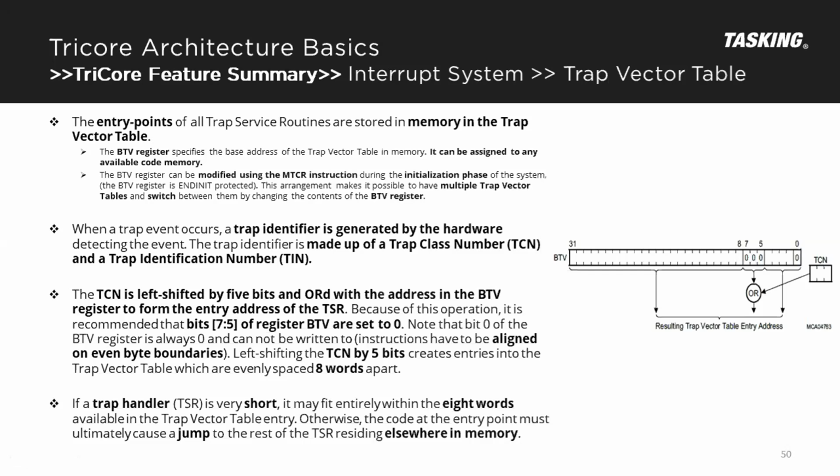It's based on even byte alignment. And again, this BTV you could change. You could have more than one trap vector table if you would like, using the mtcr instruction, which writes the BTV register.